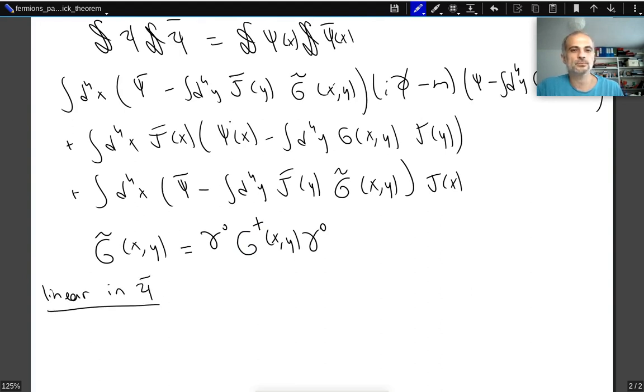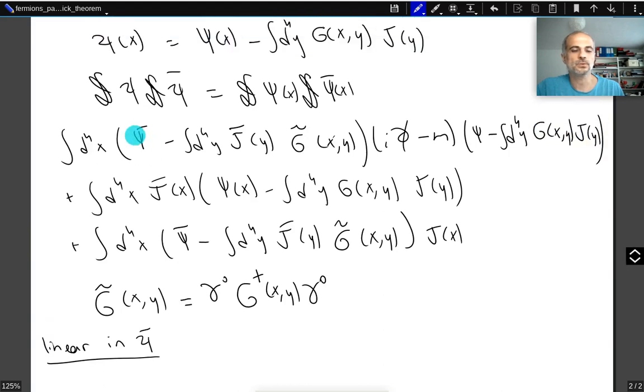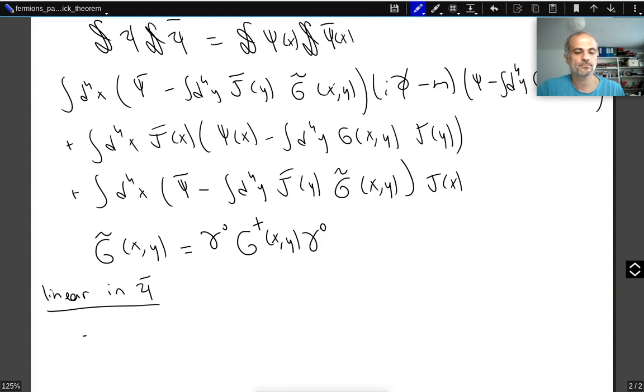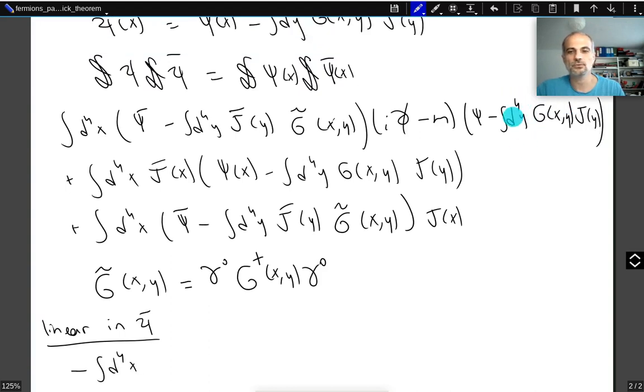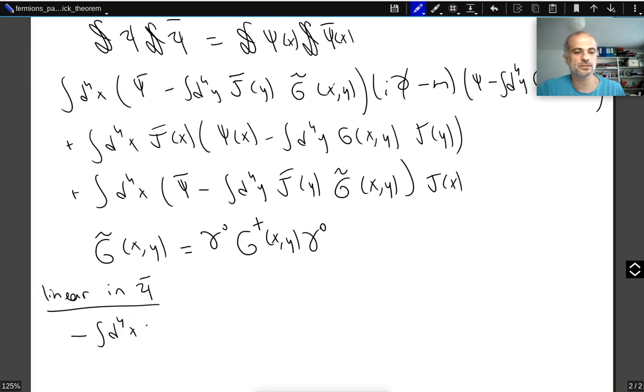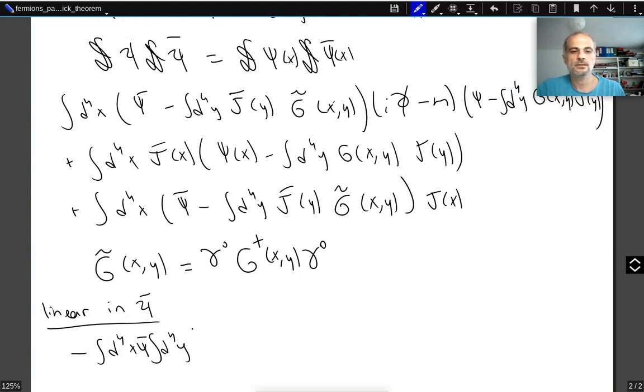So we get those terms, for example, when we take this term from this parentheses and this term from the second parentheses. So there's a minus d^4x, and in this term there's a d^4y integral, so let me also put it over here, d^4y. There's an epsilon psi bar and a g of xy, j of y.